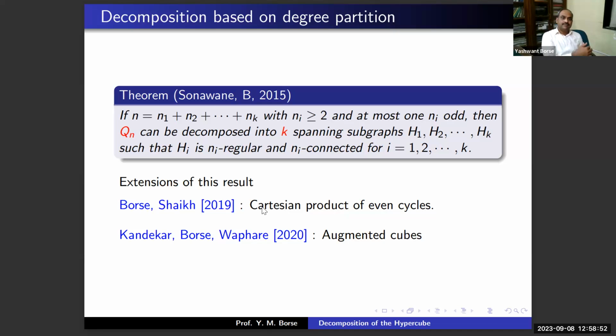Then, using cycle decomposition of hypercube, we also recently proved a result on sunlight decomposition.